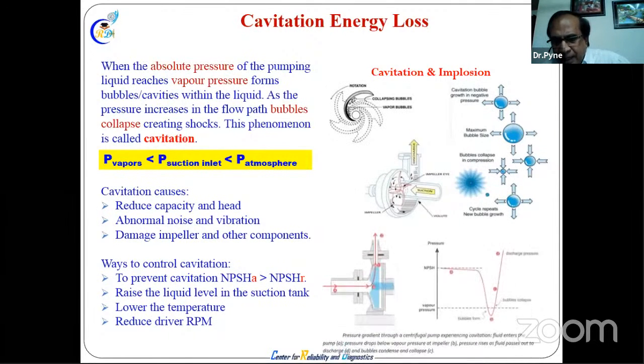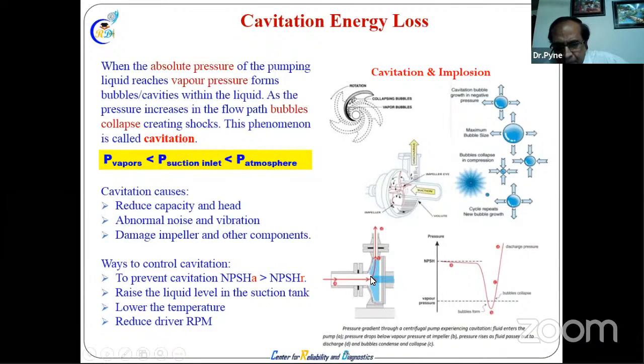So whatever is required at the pump inlet, it should be available from the atmosphere, and it should not go down to the vapor pressure.